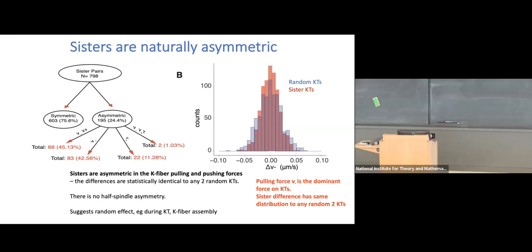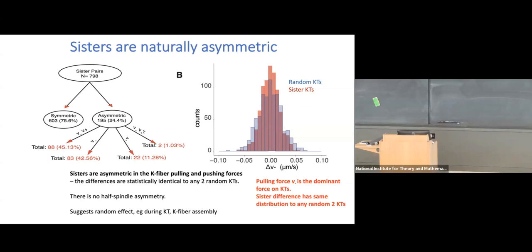Some have different pushing forces, and an occasional one or two have different noise. Now, the pulling force is the dominant force driving the oscillations. It's the strongest force by an order of magnitude, bigger than the spring, bigger than the pushing force. So it's not a surprise that you pick up asymmetry in V minus, because that's the strongest force.